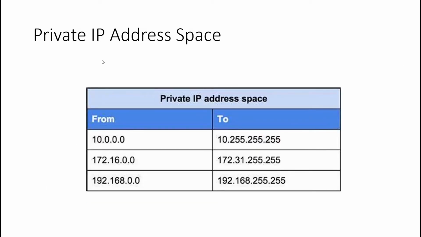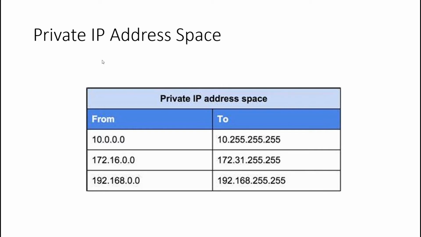If you notice this table, you can see there are three ranges. Within these ranges only we can use private IP addresses. So if you are going to start an organization, you can give IP addresses to your private network devices using only these IP addresses.